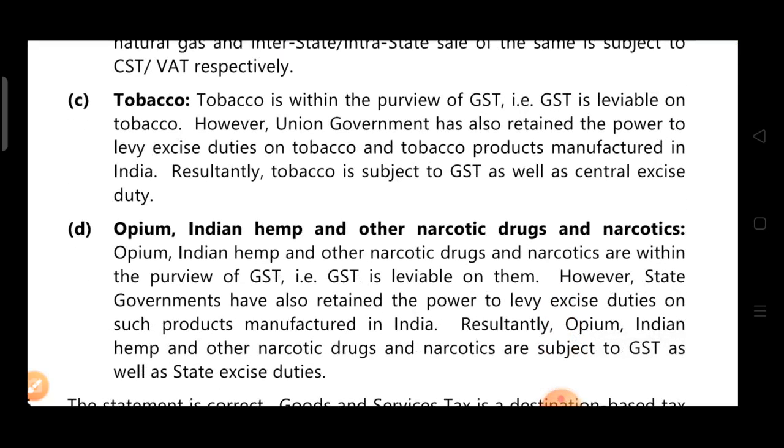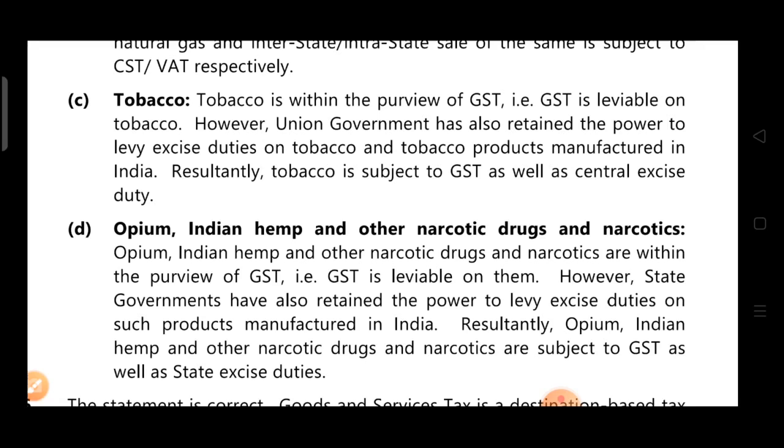Now the last case is opium, Indian hemp and other narcotic drugs and narcotics. They are within the purview of GST. That is, GST is leviable on them. However, in tobacco the Union government has retained the power, while in the case of narcotic drugs the state government has retained the power to levy excise duty on such products manufactured in India.